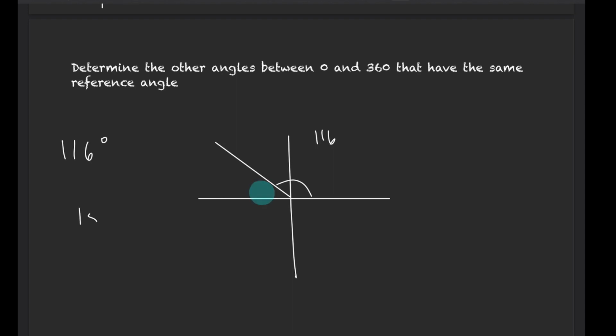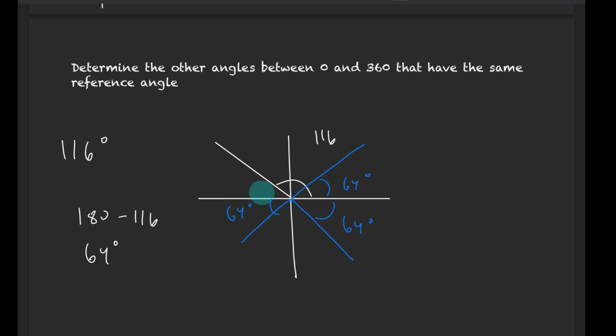So to figure that out, we just go 180 minus 116, and we will get 64 degrees. So to have a reference angle of 64 degrees, that's going to be one option. Another option would be if we had our angle here, 64 degrees, or like this, 64 degrees, or like that, and this one is 64 degrees.